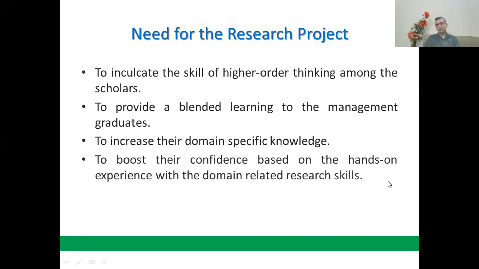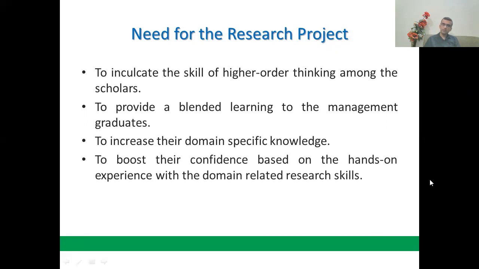Further, the projects also help to boost the confidence of the students, as this provides hands-on experience. The students have to work on the project for the entire semester, and they can enhance their domain related or specialization related research skills.